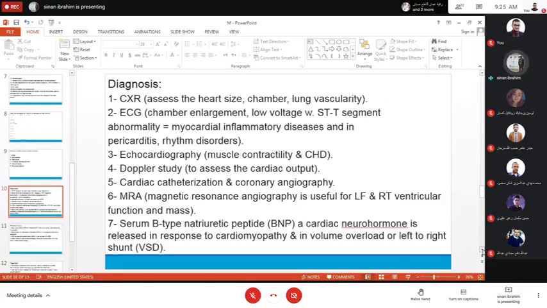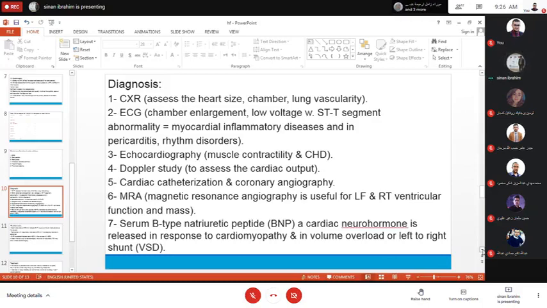What about the diagnosis of a patient suspected of heart failure? We will do a chest X-ray, usually assessing the size of the heart. And many patients are referred to us as suspected heart failure by doing an X-ray, which is a simple, easy investigation available 24 hours at hand in the emergency room.